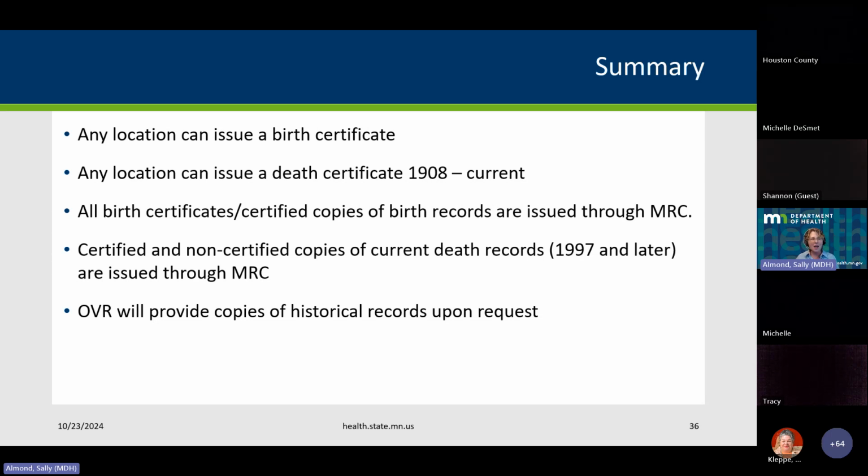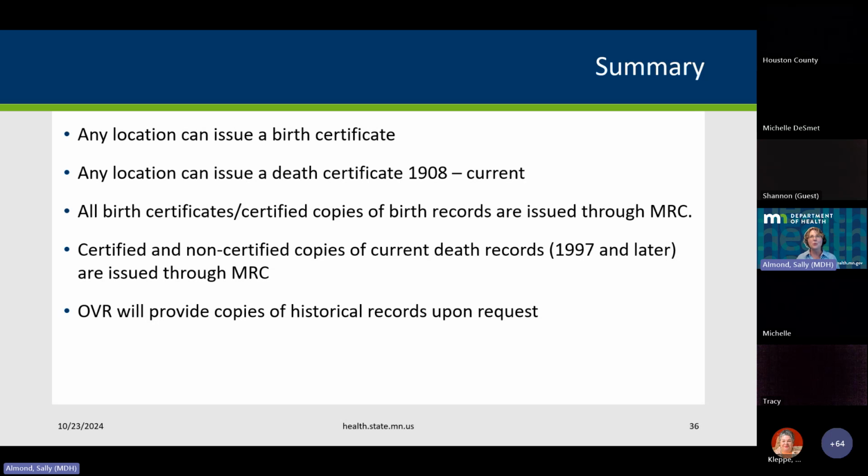OVR will provide you with copies of historical records upon request, and that will help you facilitate issuing these certificates and non-certified documents for your customers, no matter where they are.